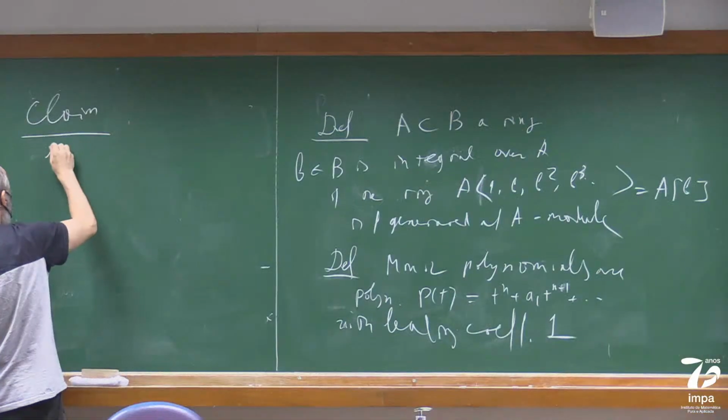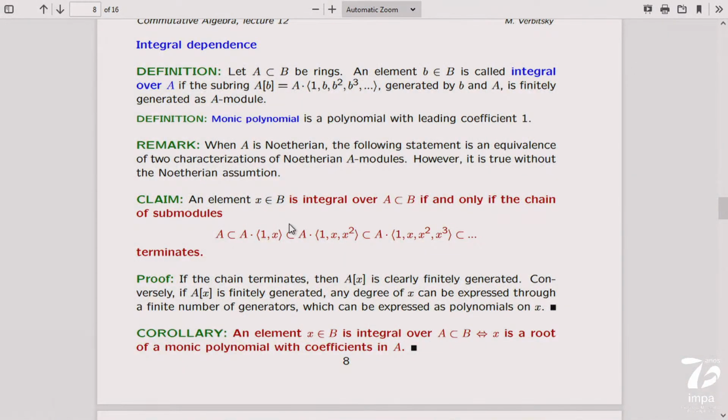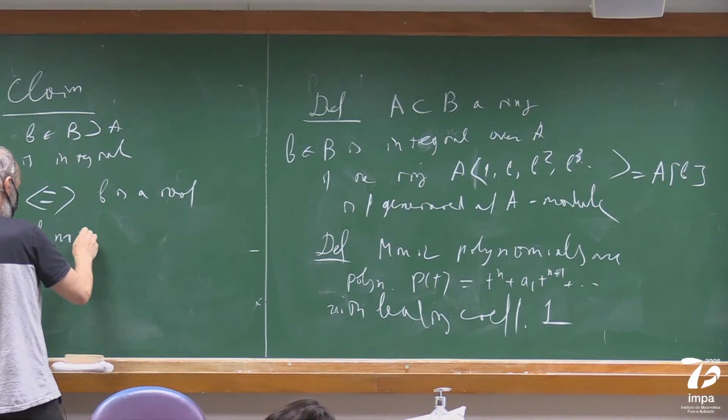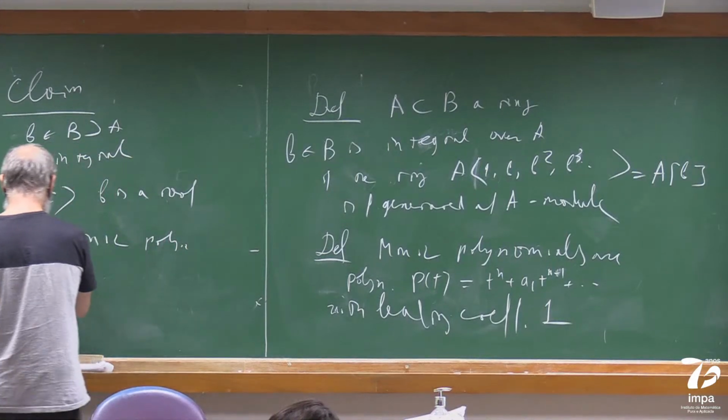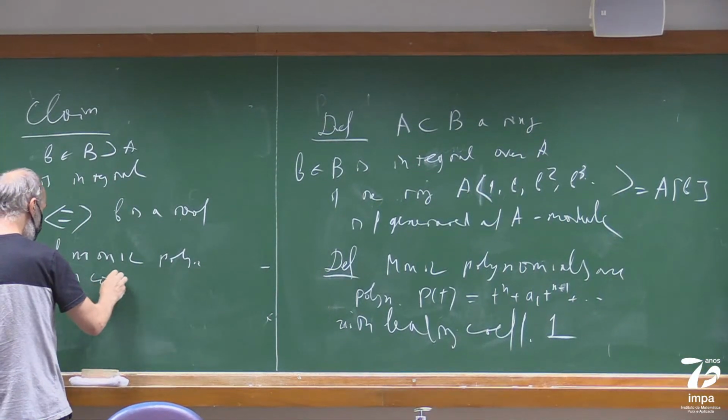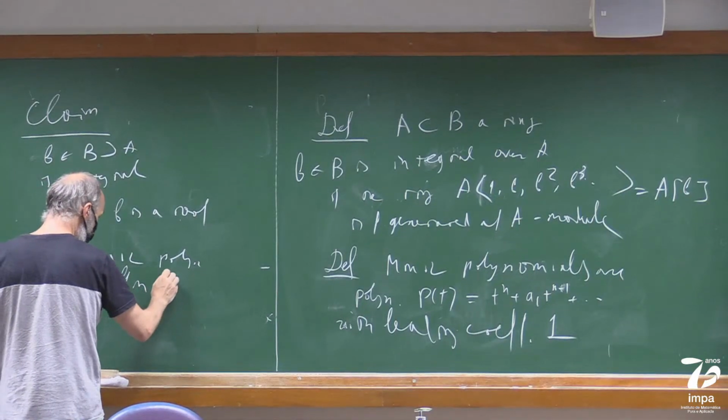If you have b inside B, which contains A, b is integral if and only if b is a root of a monic polynomial with coefficients in A.